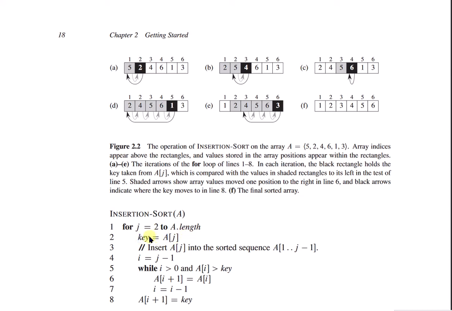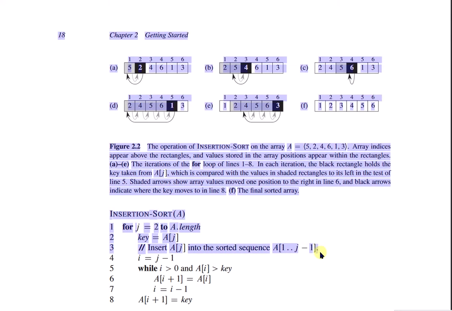Key is what they said as the element of the array. Insert A[j] into the sorted sequence A[1..j-1]. What this is trying to say is we have a left hand of cards, and it is sorted. It is a sorted sequence A[1..j-1].